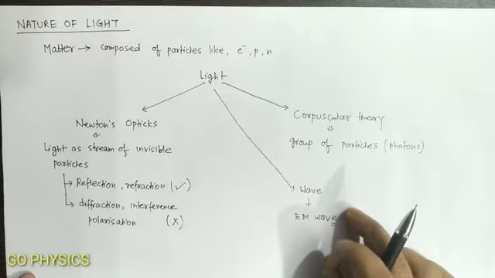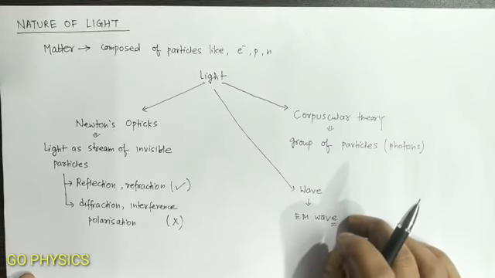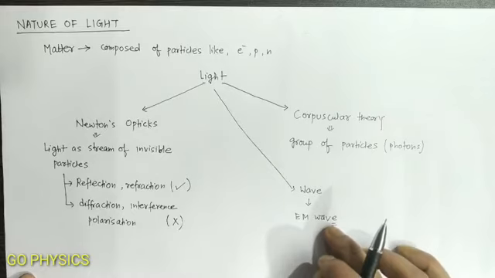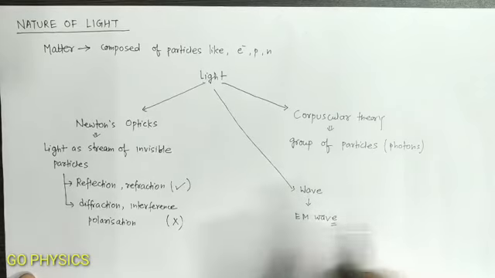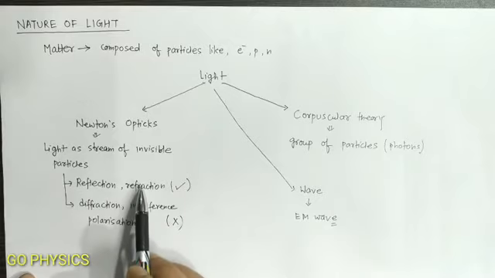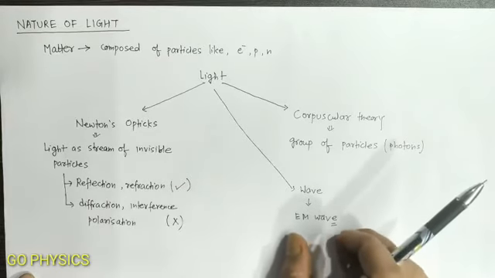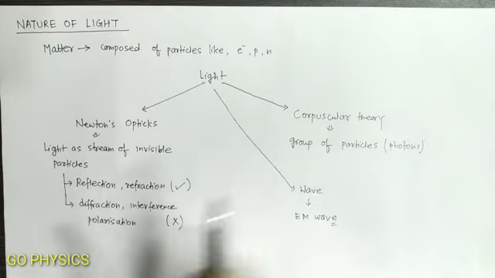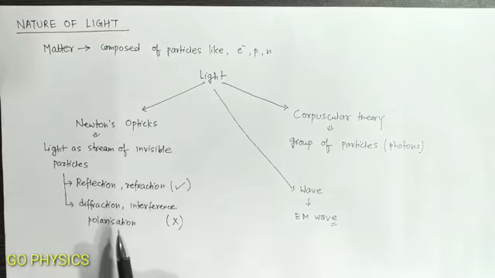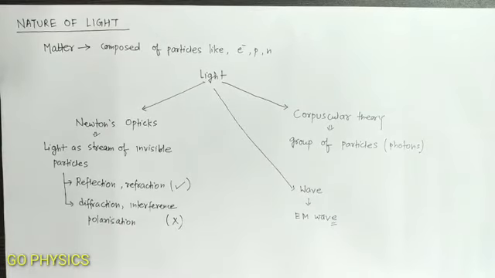So sometimes light behaves like particles called photons, or sometimes it behaves like a wave. When it behaves like a particle, we are able to explain phenomena like reflection and refraction. And when we treat the electromagnetic wave as a wave, we can explain phenomena like diffraction, interference and polarization.